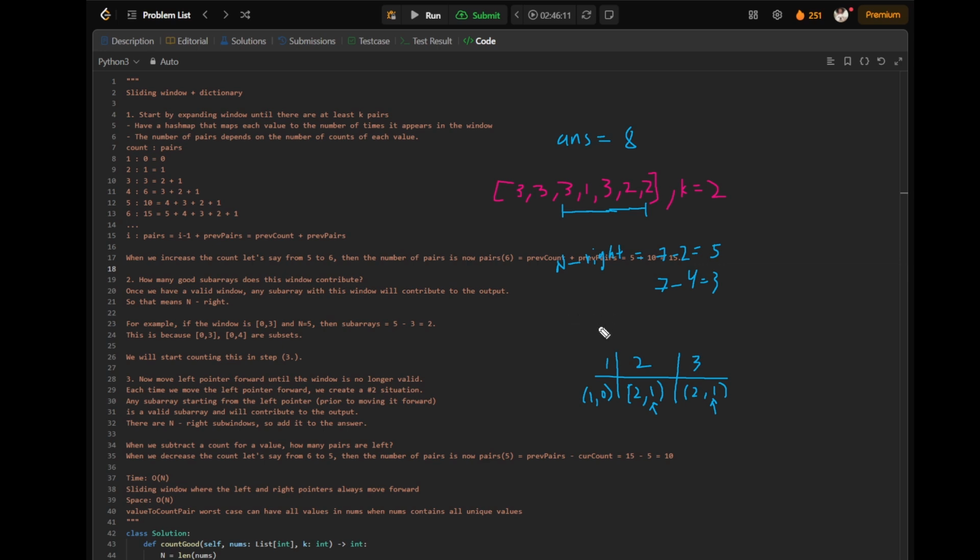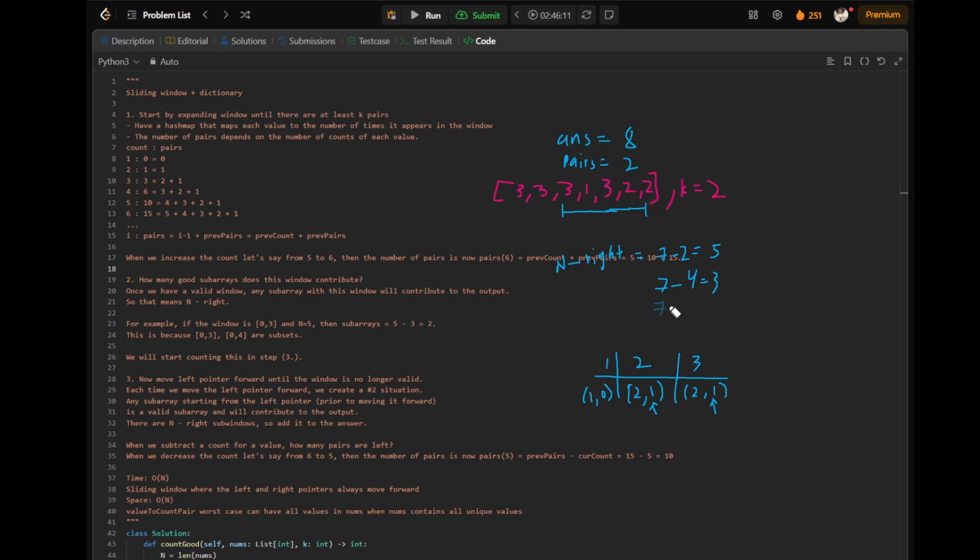So pairs in the window depends on the previous pairs plus the new added 2. So we have 2 pairs here, and it's valid again, so we need to see how many this contributes.